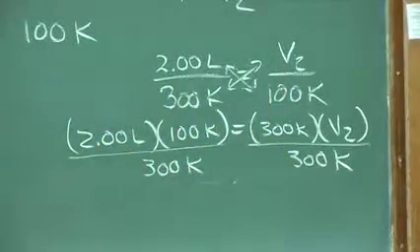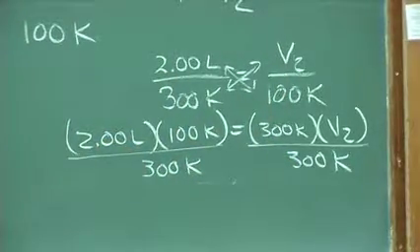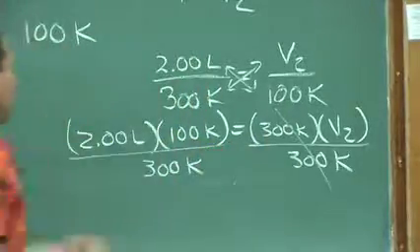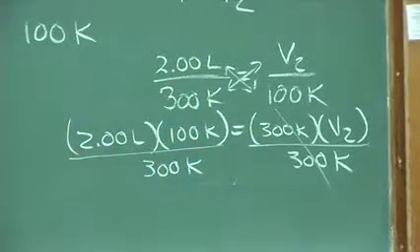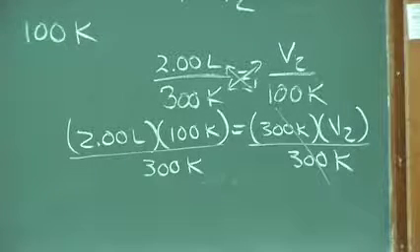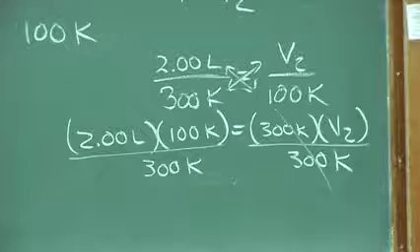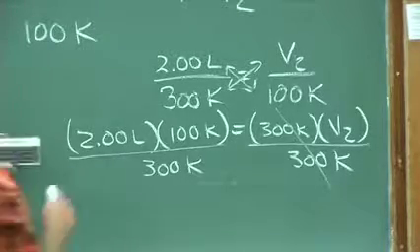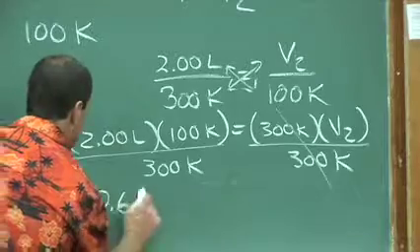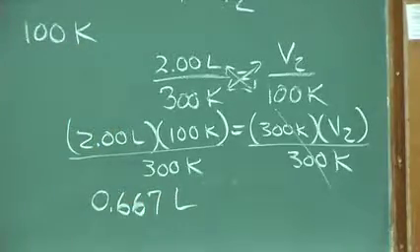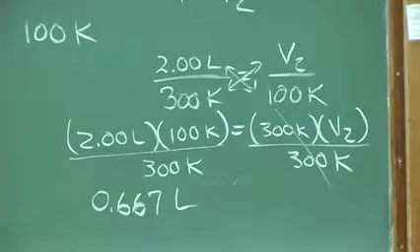The reason for doing that is because we want to solve for V2. We want V2 all by itself. That's going to cancel this, and our math is 2 times 100 divided by 3. And I come up with a new volume of 2/3 of a liter, or 0.667 liters. The balloon went from 2 liters down to 2/3 of a liter.